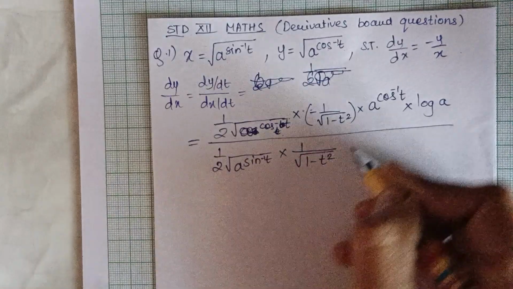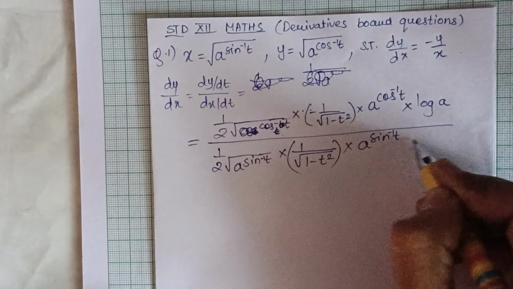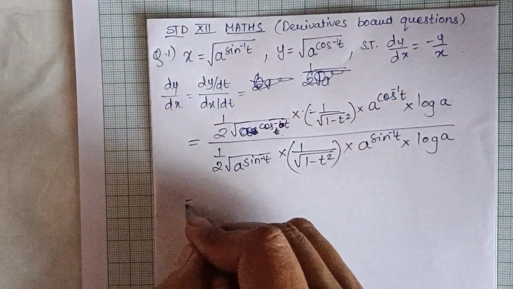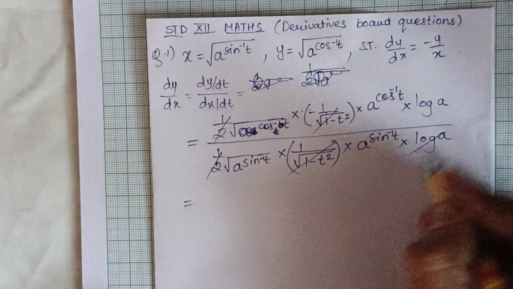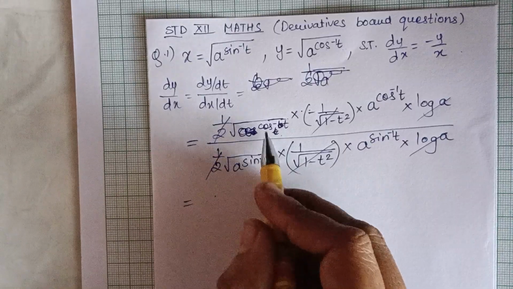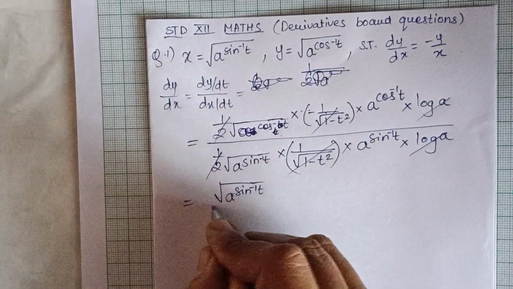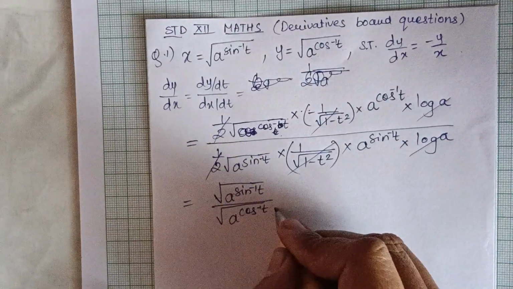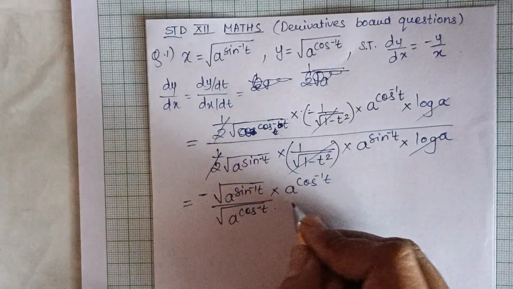And derivative is plus 1 upon root of 1 minus t square, log a. So this is minus log a. Okay. So you'll get here this minus.